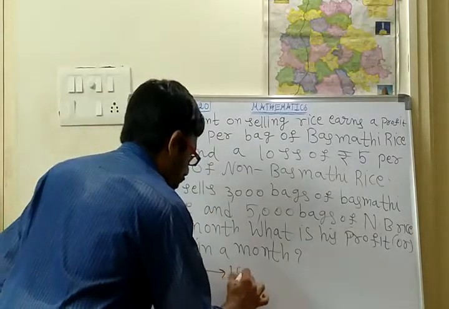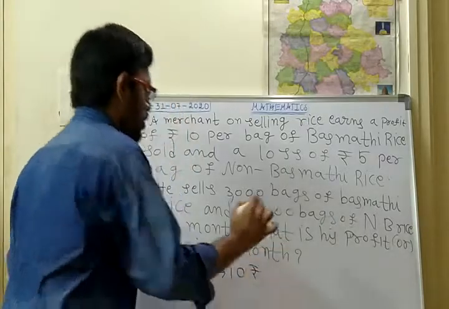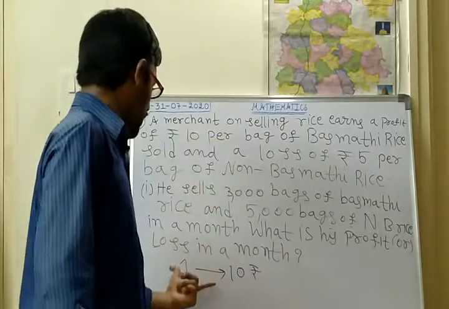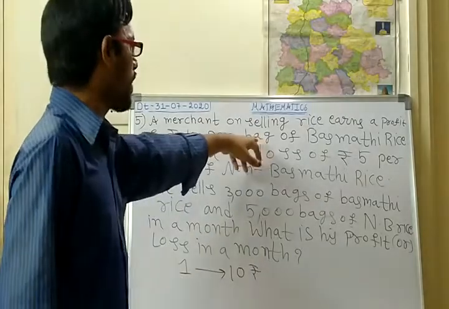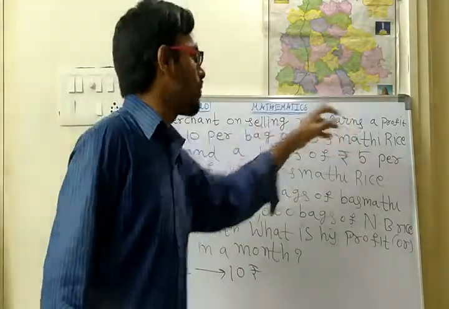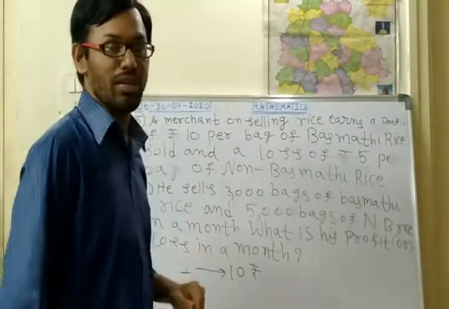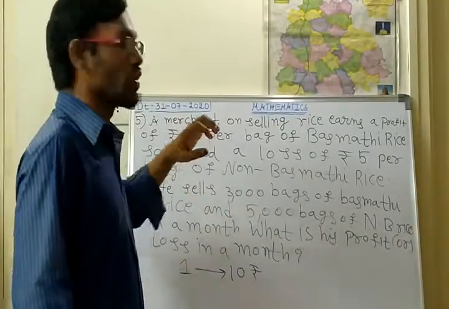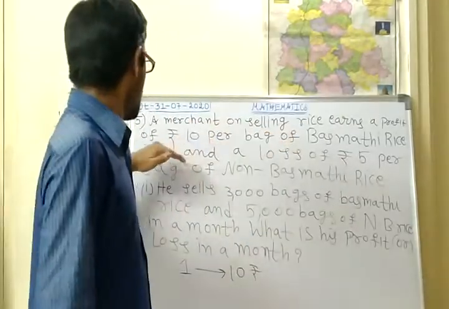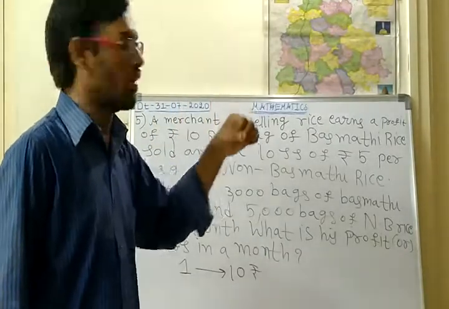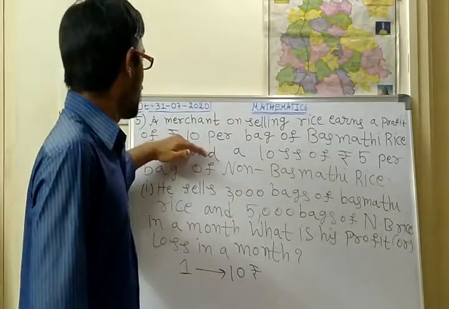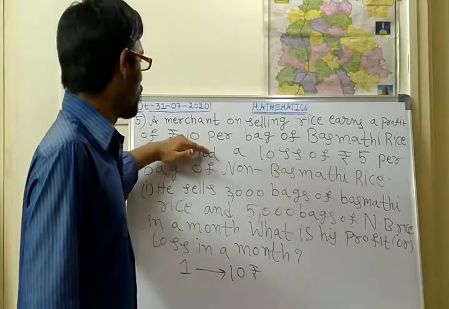For which type of bag? A bag of basmati rice sold. So for each bag of basmati rice he has sold, he got ten rupees profit.